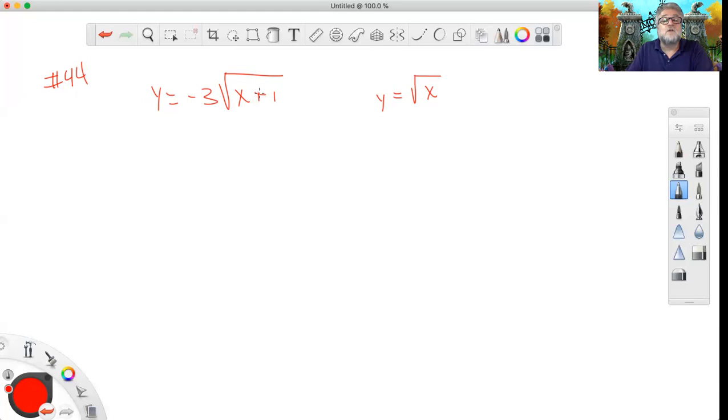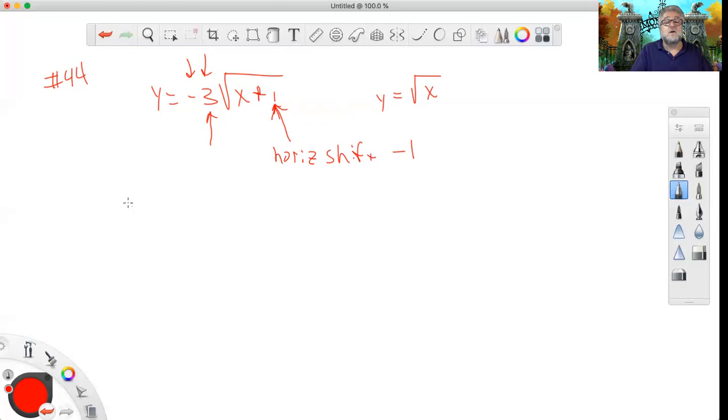I look at what's inside the square root function and I take the things that are translations. So I have 1, 2, 3 things, right? So this one, I work on the inside out. So this is a horizontal shift of -1. So a shift in the left direction. And what's this? That 3 is in front of the function. Which one is that?